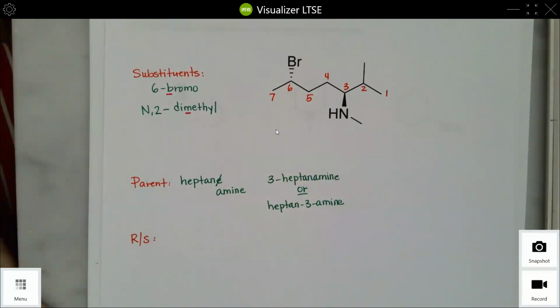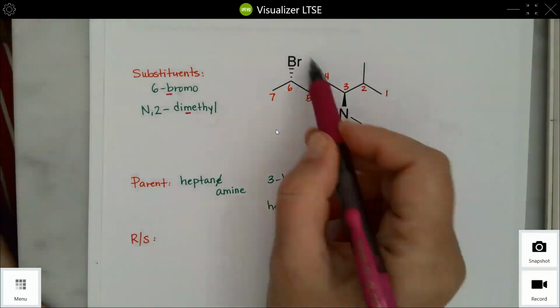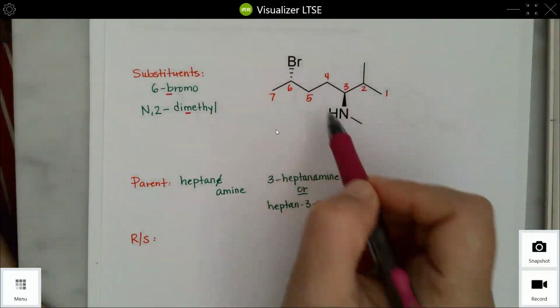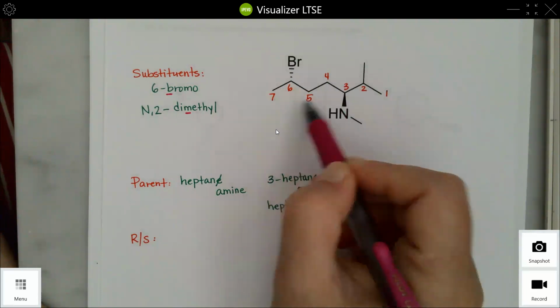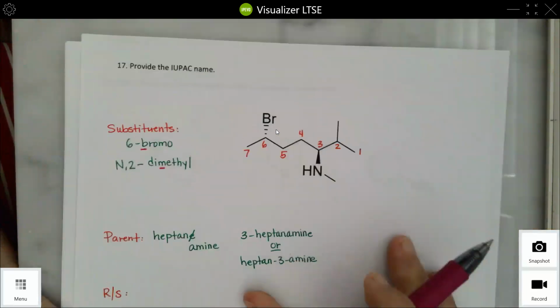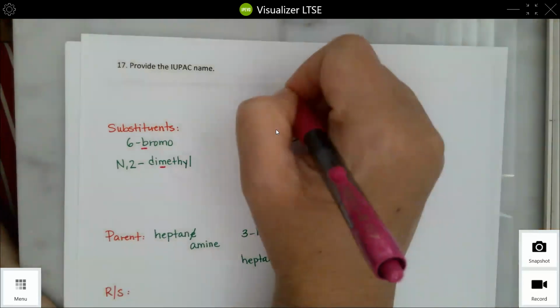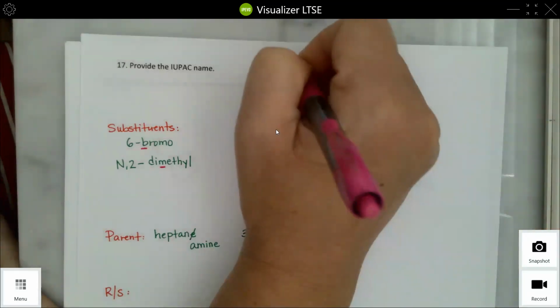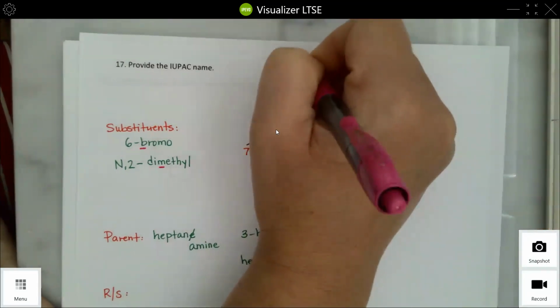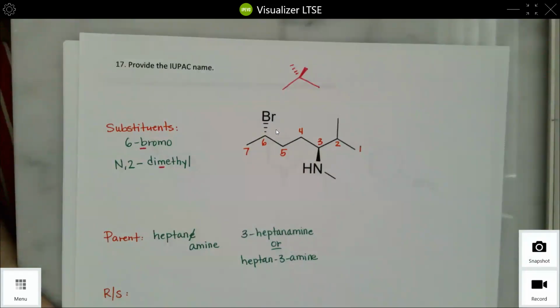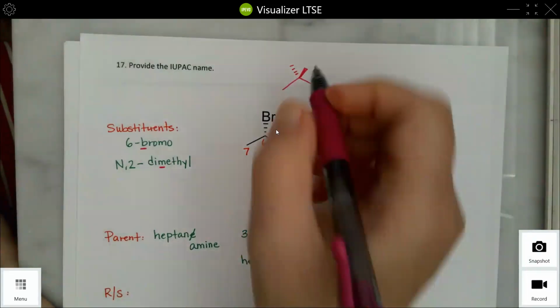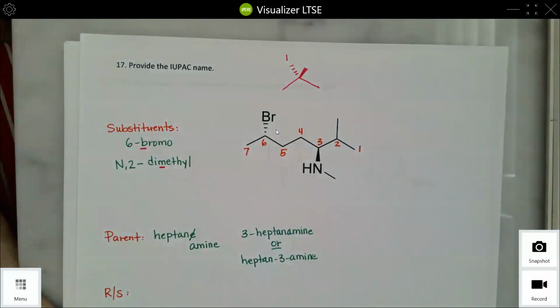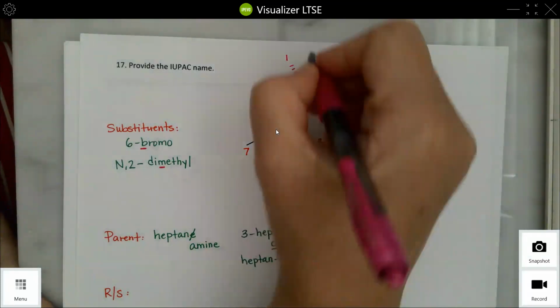Okay, for the chiral centers, we can sort of think of this one first, or it doesn't really matter which one that you do. But if I think about this one, sometimes people like to just sort of put the numbers in and then think of it from there. So bromine would be the first priority. Then we would have the hydrogen here, which would be the 4th priority.